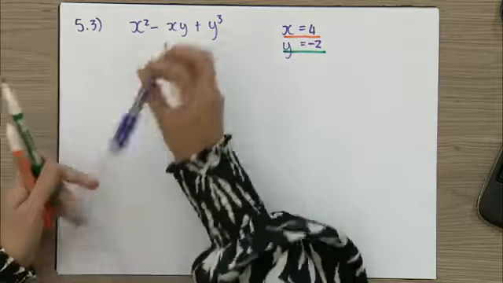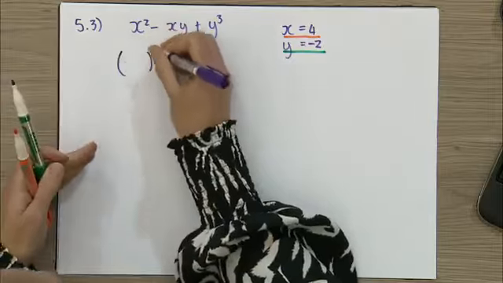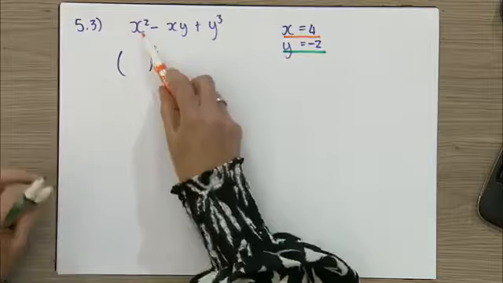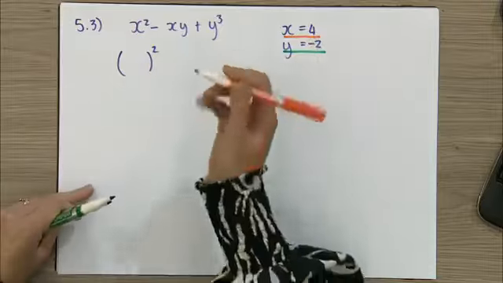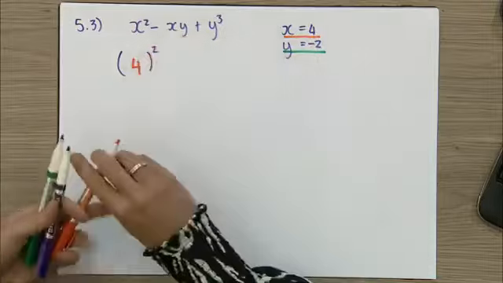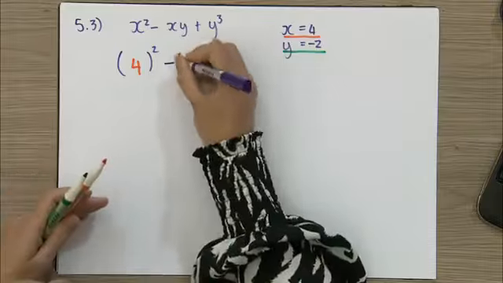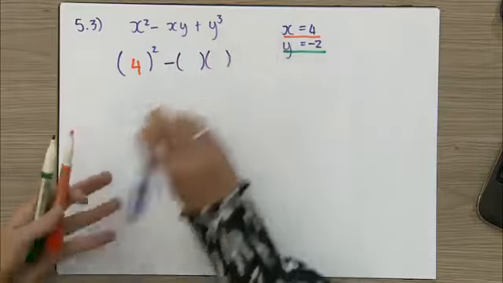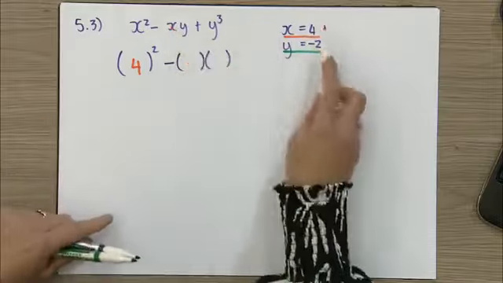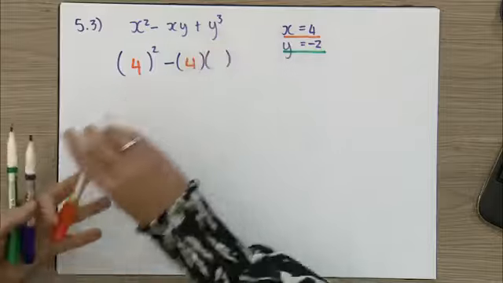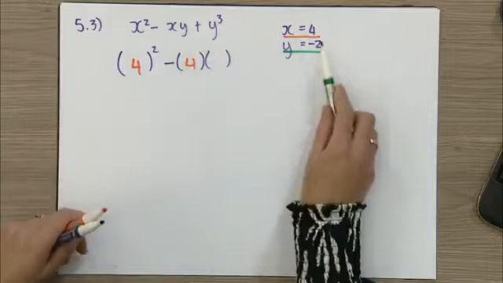So, instead of x squared, what am I replacing x with? 4. So I'm going to say 4 squared. Minus, remember we substitute in brackets. So instead of x, 4. And then in y's place, negative 2.